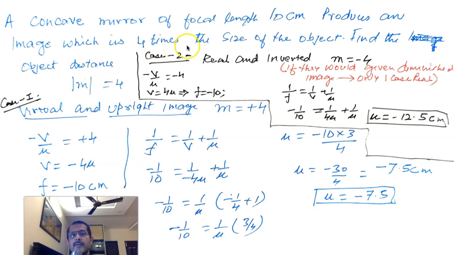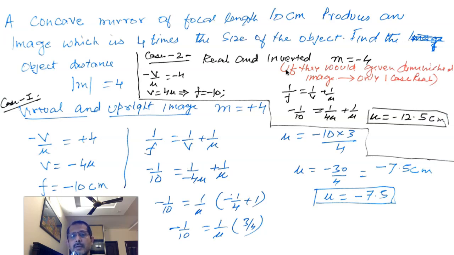Remember, whenever we say 4 times the size of the object, one of the cases can be when it is a real and inverted image. Because a concave mirror magnifies the object in two scenarios.